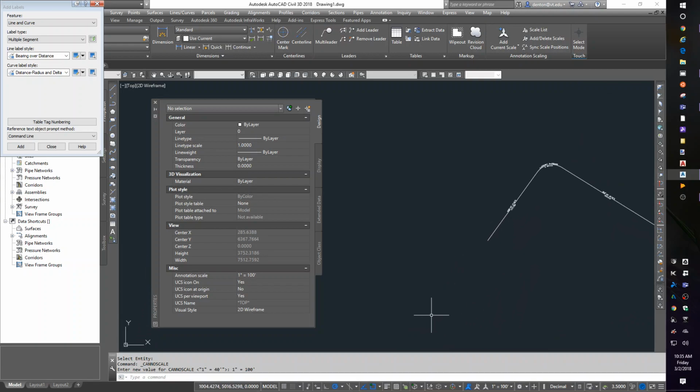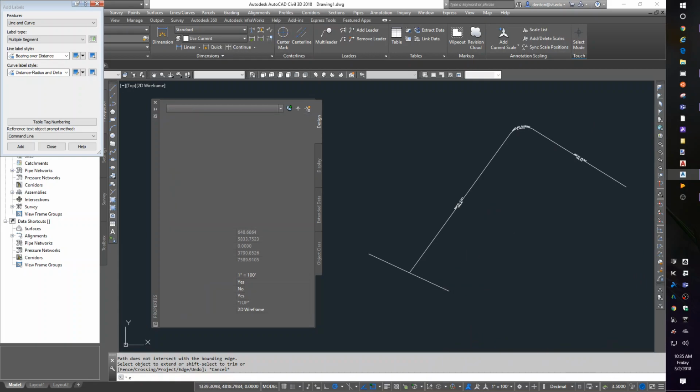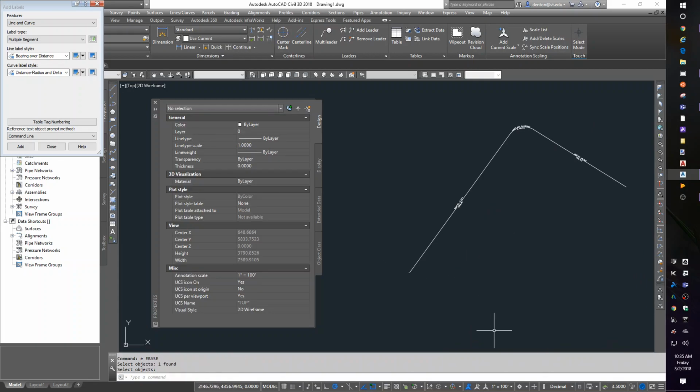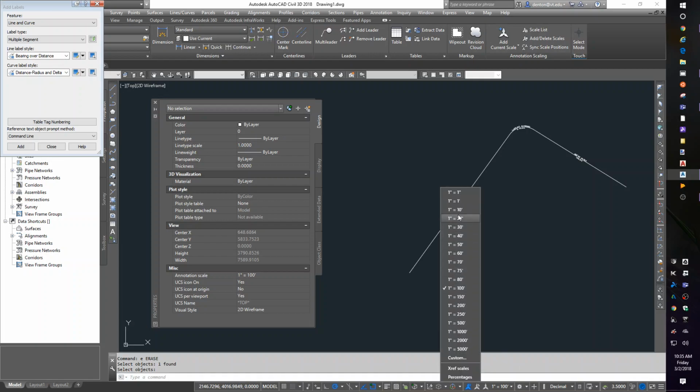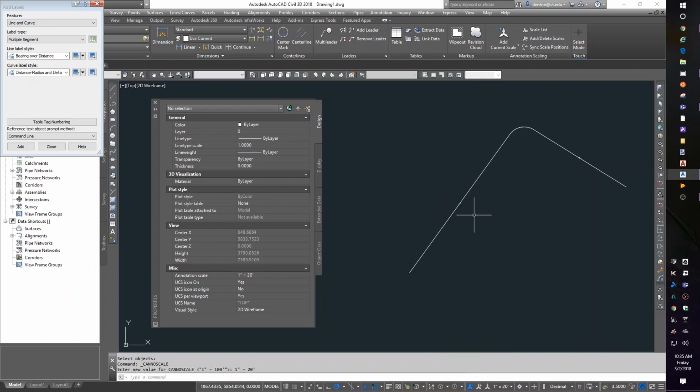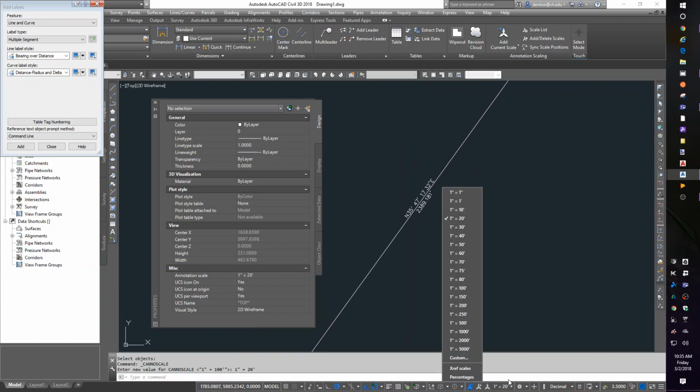If I drew a line down here, and said extend to that boundary, it's now 2389. So these labels are attached to the line, they grow with the line, and they are scale dependent, so they will resize automatically if you change your scale. So they're pretty slick.